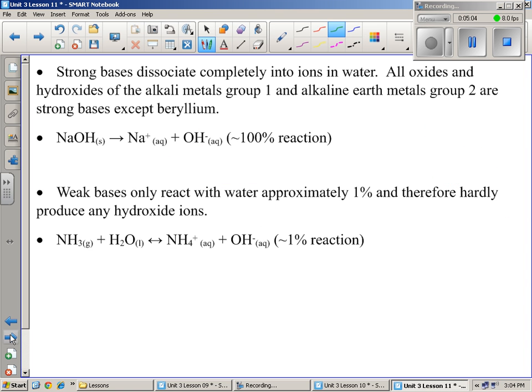All right, moving on. Strong bases. What are the strong bases? The strong bases are all oxides and hydroxides of group 1 and group 2 except beryllium.